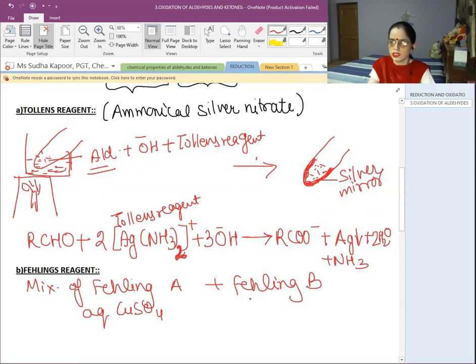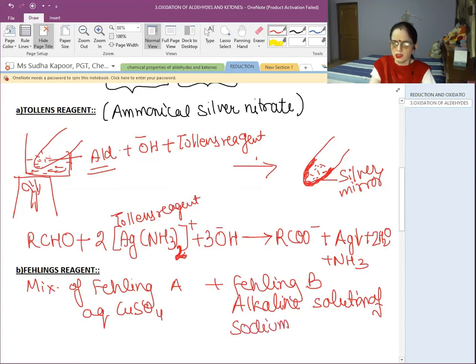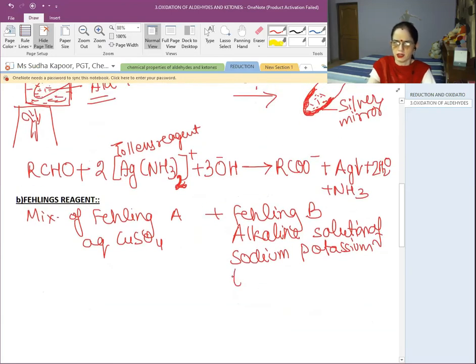But what is Fehling B? Fehling B is an alkaline solution of sodium potassium tartrate, also known as Rochelle salt. This is also asked in the viva.